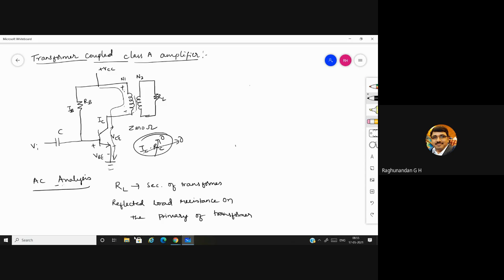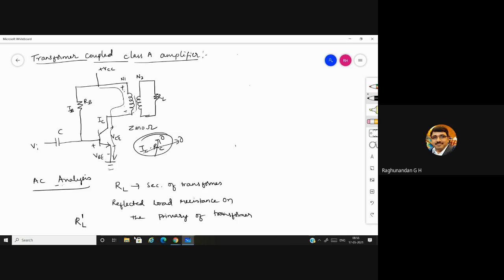This is represented by RL dash, the reflected load resistance of the load resistance connected in the secondary. So this RL dash will be observed over the primary coil. Initially we assumed it was zero resistance, but now when you consider AC analysis, it will have some reflection over the primary.